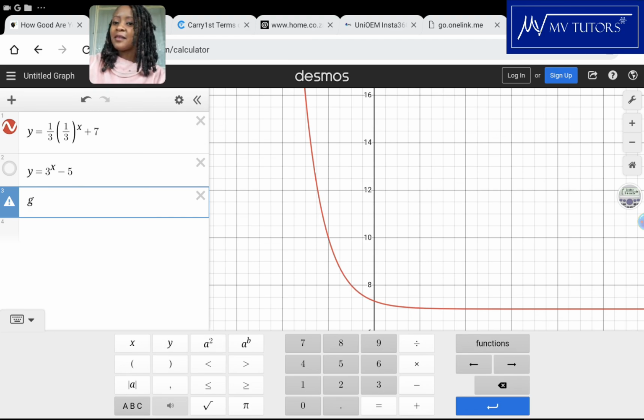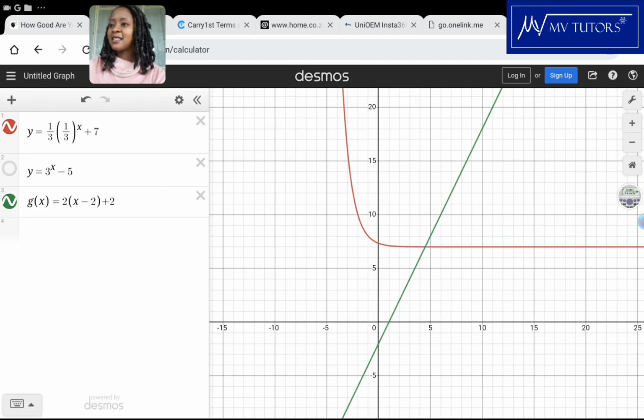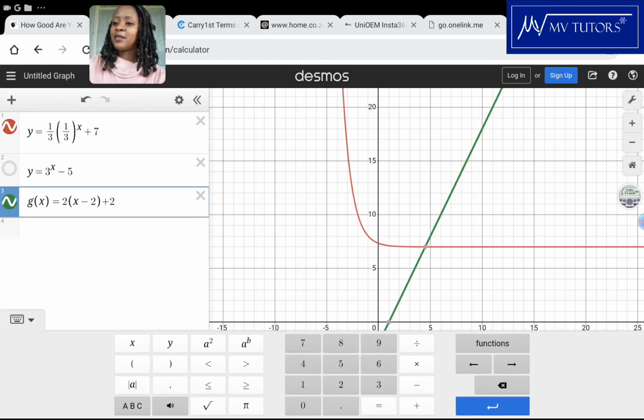So if you have g of x equal to, what equation do you want to draw? Let's do a parabola. So you have 2 and then x minus 2. Let's shift it 2 units, and then we bring it 2 units up. Okay, and this is squared. I forgot to put in the squared.